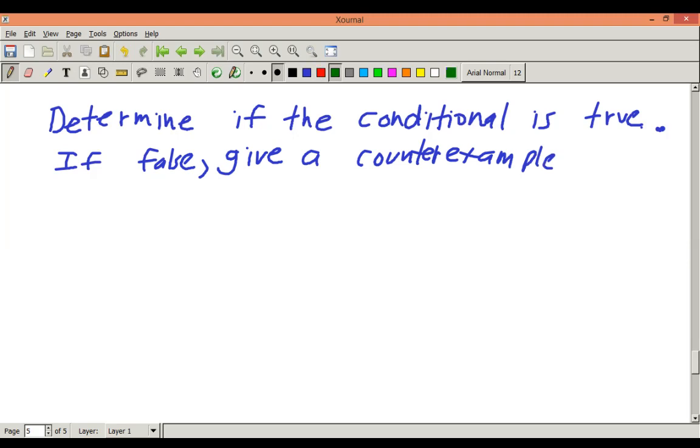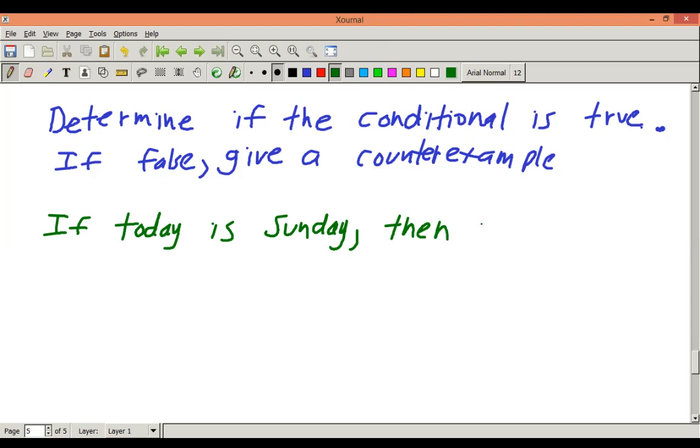Okay, here's our statement. If today is Sunday, then tomorrow is Monday. Okay, so that's a true statement.